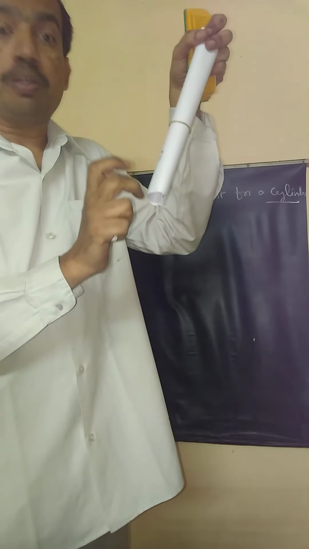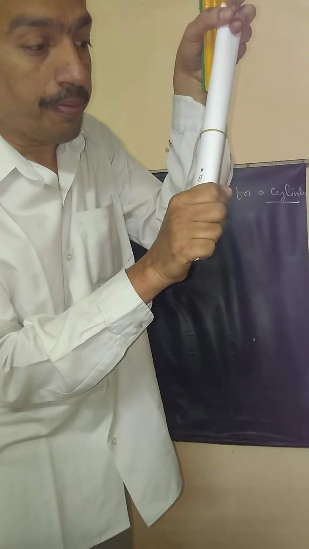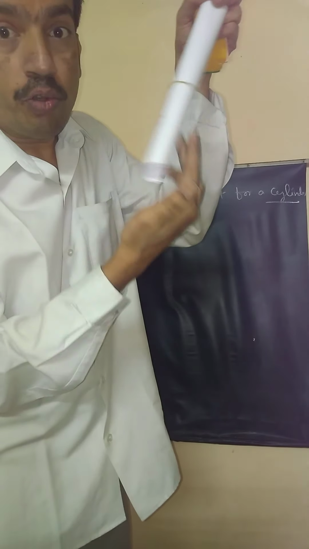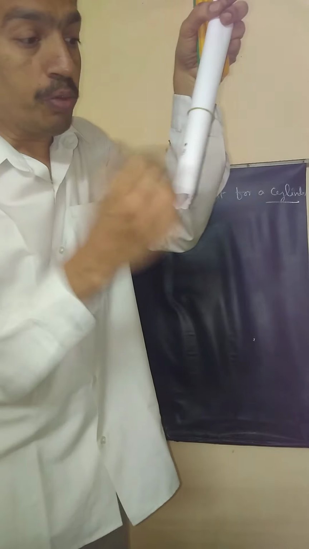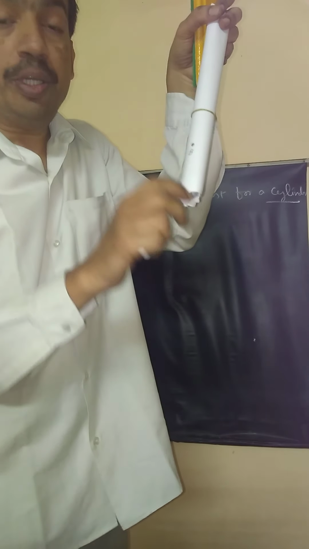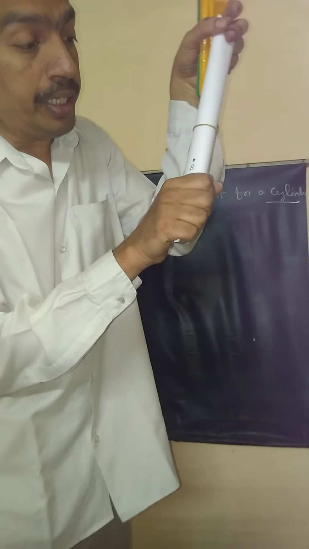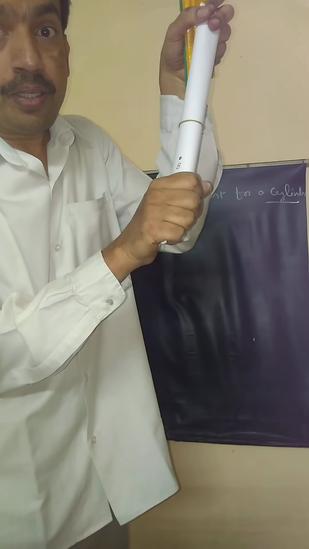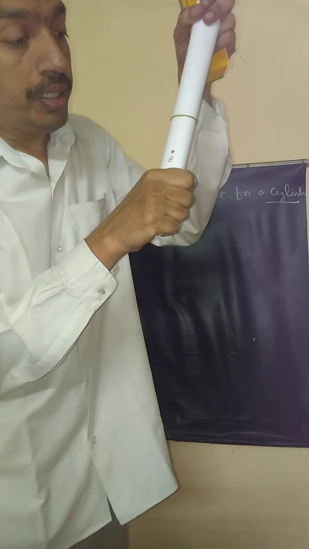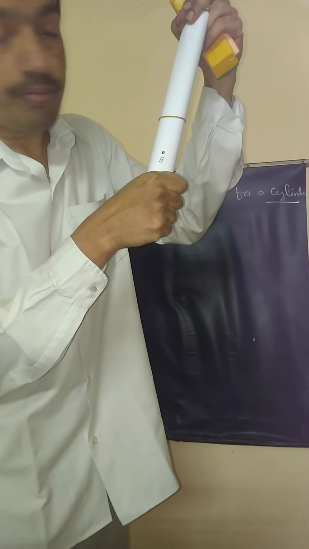When a shear stress is applied tangential to the surface, the outermost layer of the cylinder experiences maximum strain, displacement. See, the outermost layer gets displaced like this. Correct?